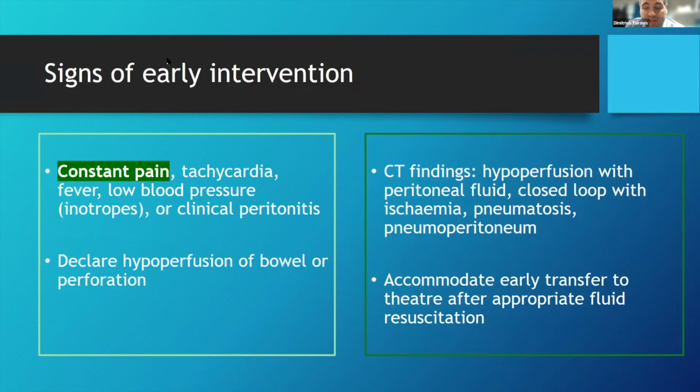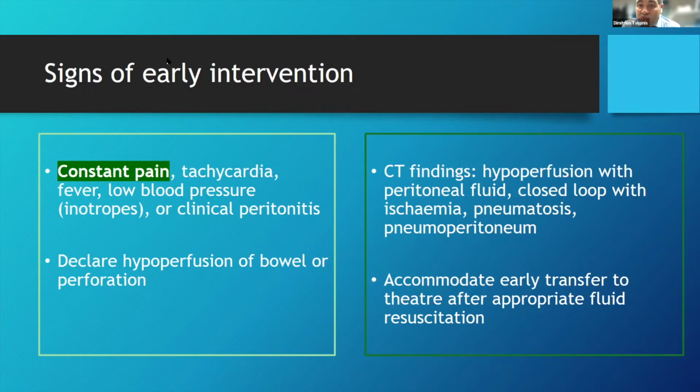What is very good to remember on clinical examination has to do with the colicky pain becoming constant pain. Constant pain usually corresponds to ischemia of the bowel, and that is again an alarming symptom from the patient that would imply ischemia.